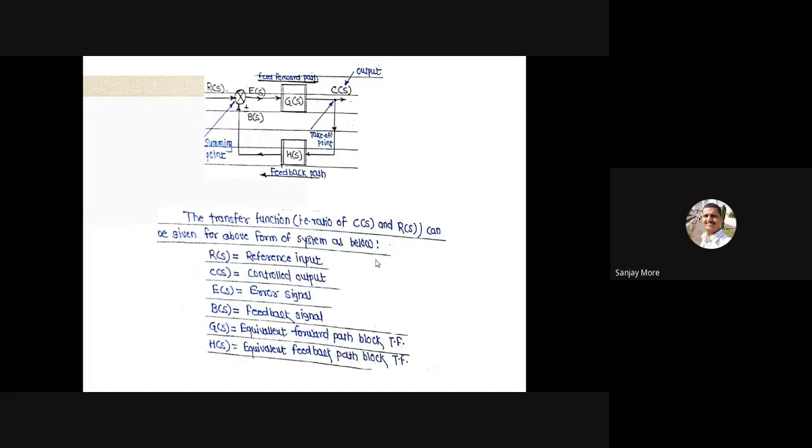R(S) is equal to reference point, C(S) is equal to control output, E(S) is equal to error signal, B(S) means feedback signal, G(S) is the equivalent forward path block transfer function, and H(S) is the equivalent feedback path block transfer function.